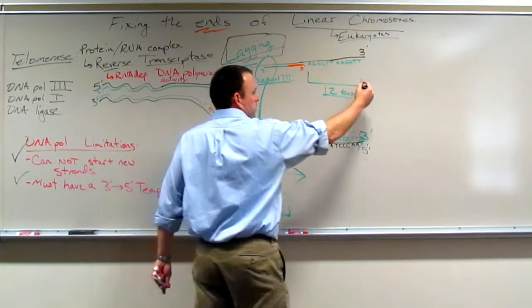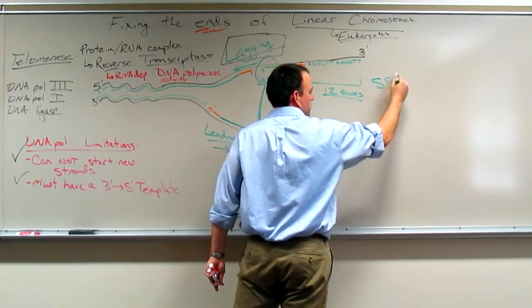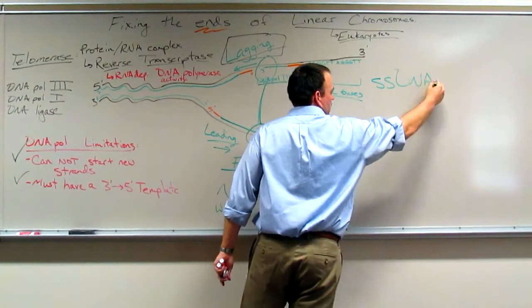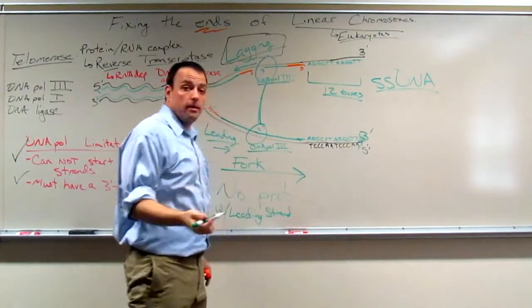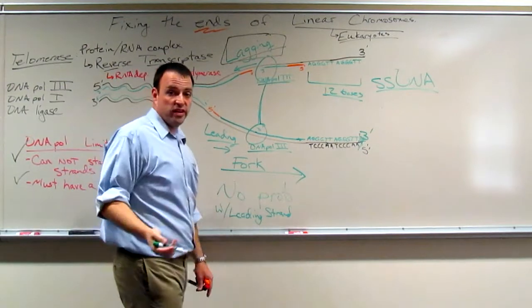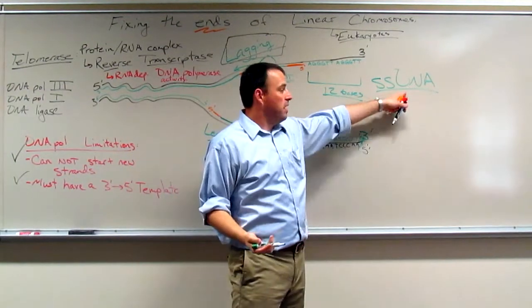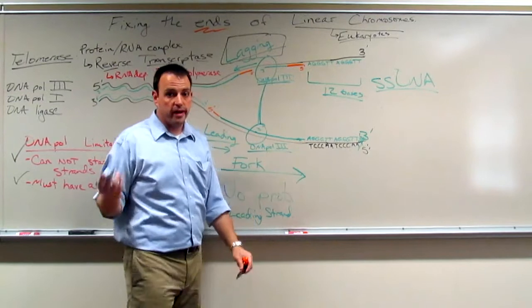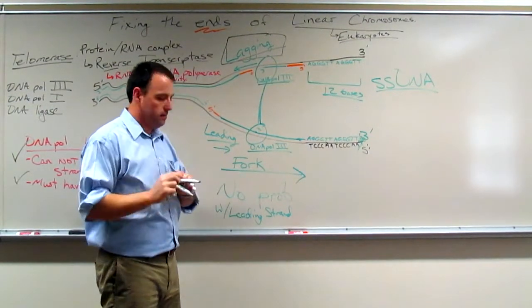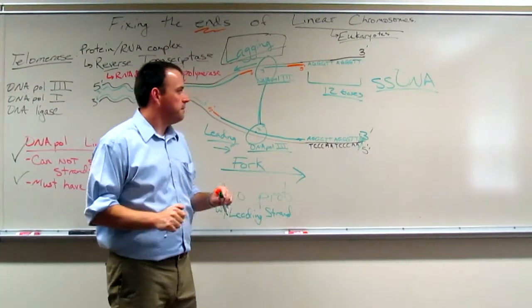Well, right now, we're stuck with single-stranded DNA. You know that our genome isn't made up of single-stranded DNA, right? Single-stranded DNA looks a lot like a viral genome, and that's eligible to be broken up by your native enzymes, by exonucleases, okay?